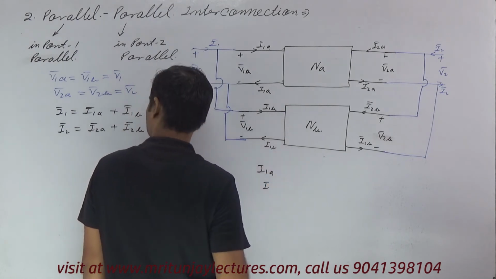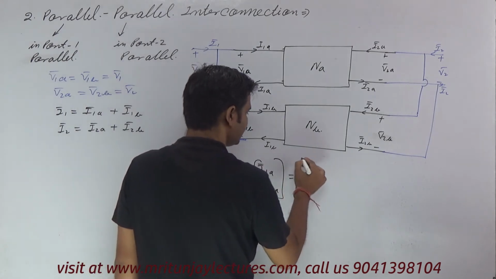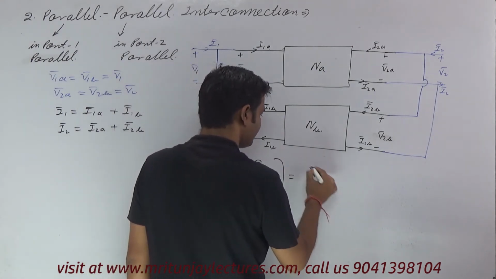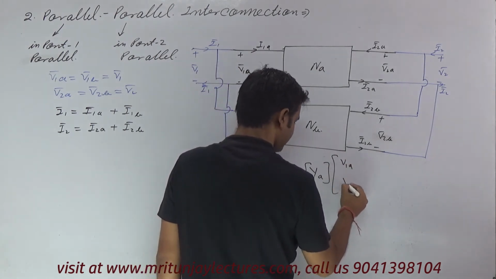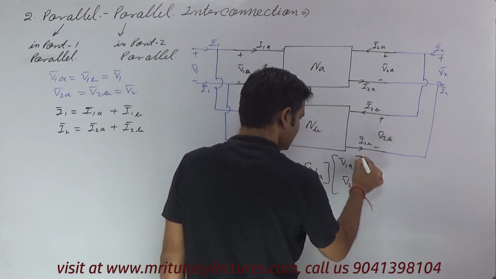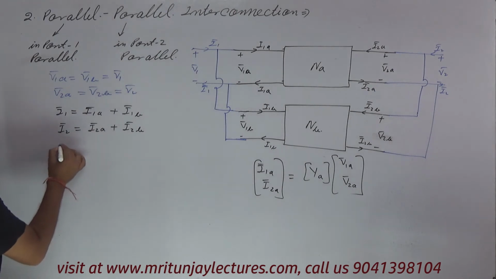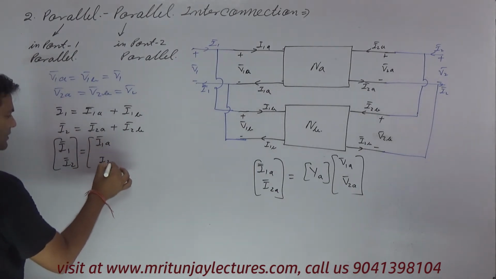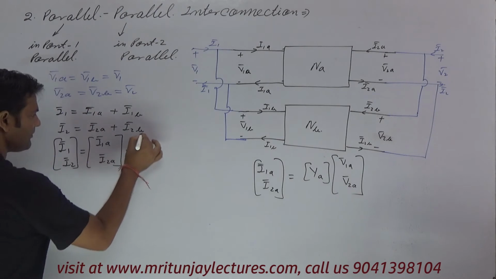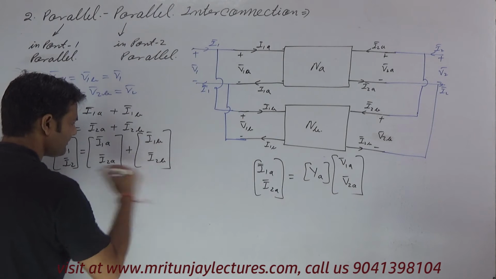Now I know that I1A, I2A is written corresponding to YA into V1A and V2A. Okay, means I1 and I2 are written corresponding to I1A, I2A, I1B and I2B.